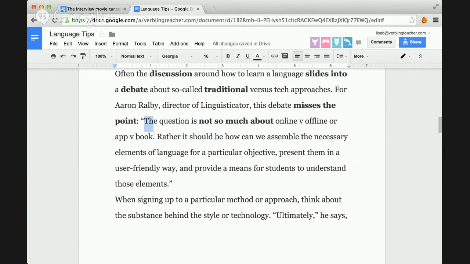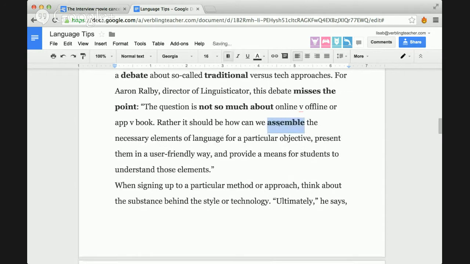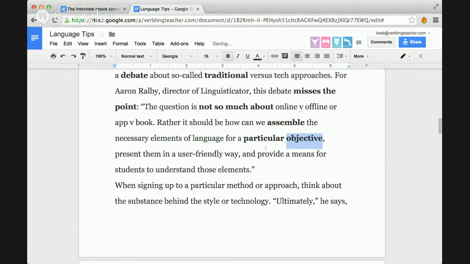He says it should be how we can assemble, to put together, the necessary elements of language: the verbs, of course grammar, but also speaking and listening, all those different things that are part of language learning. You put them together for a particular objective, a specific goal or target that you're trying to reach, and then present that way of learning in what we call a user-friendly way.